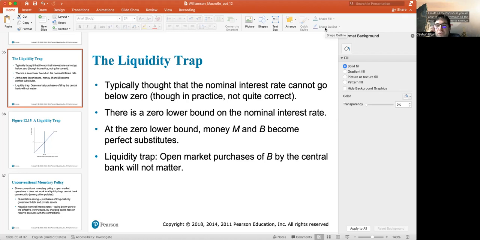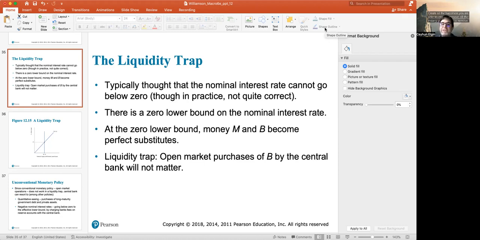Then the question is, if you are the central bank and you are reducing the nominal policy interest rate to stimulate the economy, and you reduce the interest rate all the way down, then what else? Now it reached the lower bound, so what else can you do to further stimulate the economy?